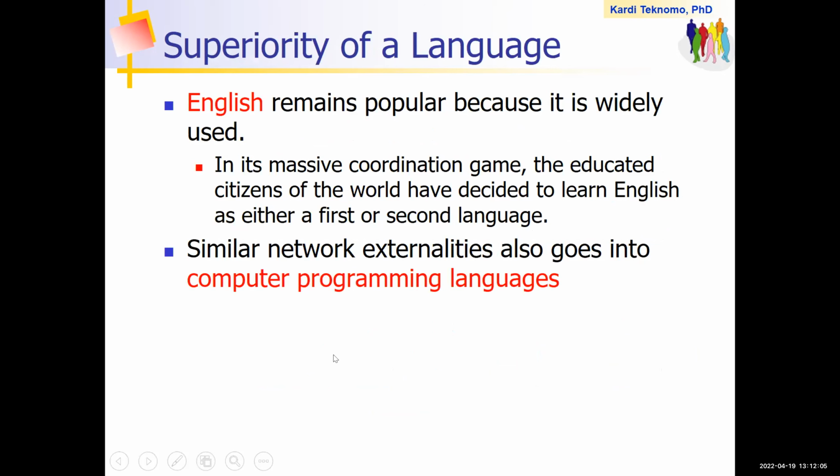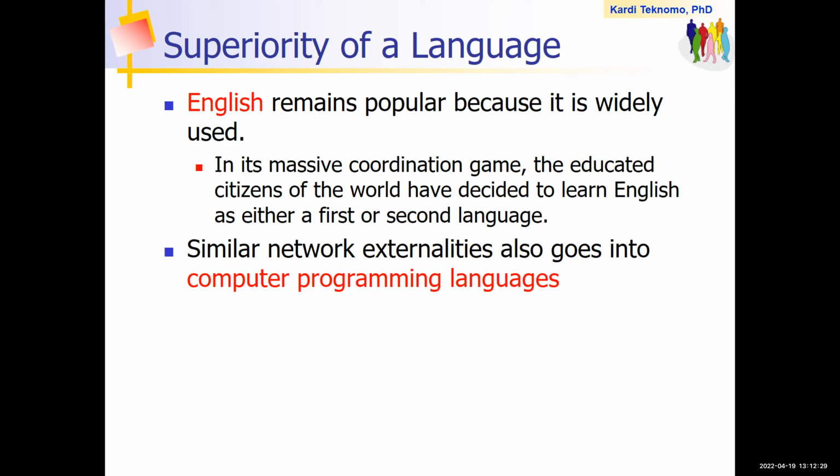So English right now remains popular because it's widely used. Even though if you calculate the total, Chinese probably has more people who use it, English has now become the lingua franca. Okay, so it is a massive coordination game.